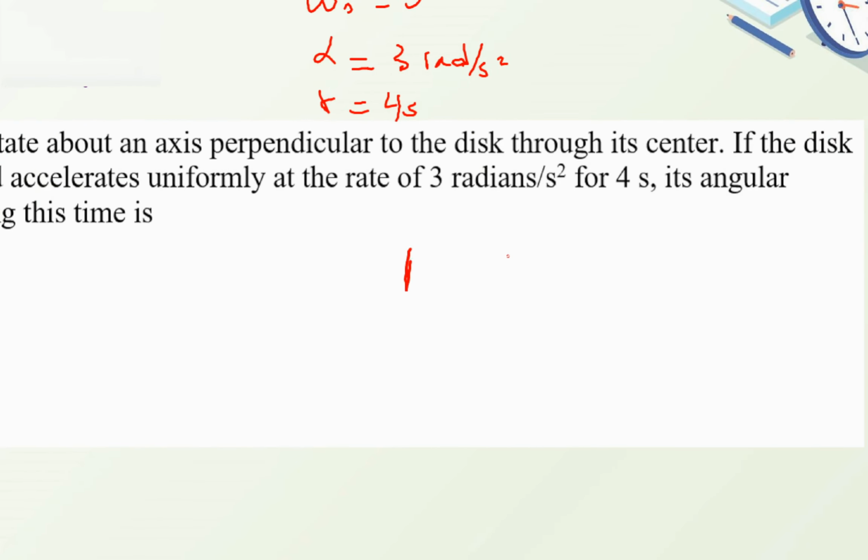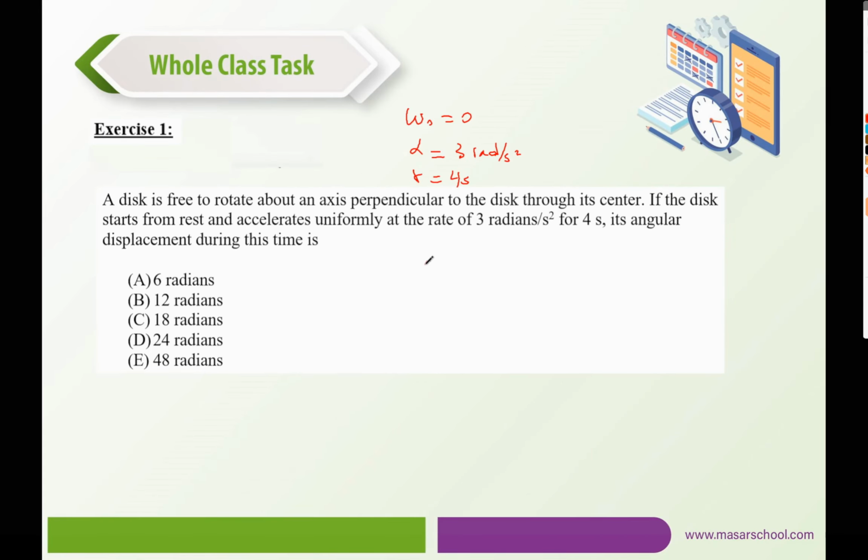You can think about delta x being half a t square plus v x 0 t, and by that theta is theta 0 plus omega 0 t plus half alpha t square. We bring this to the other side, and delta theta, starting from rest, would be 0 plus half alpha t square, which is 4 squared, 16 over 2, which is 8 times 3, that would be 24 radians, and our correct answer for this exercise would be D.